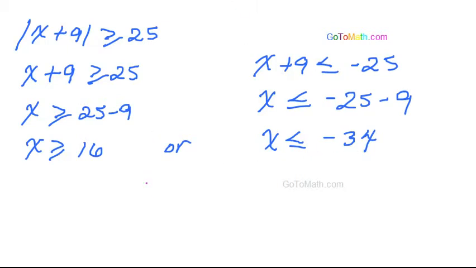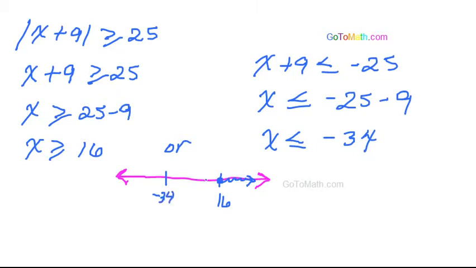And let's go ahead and draw up a number line. So we'll put 16 over here. Now look, it includes it, so I'm going to put a solid dot and then write everything going off in that direction. Then negative 34, we'll just put it here.